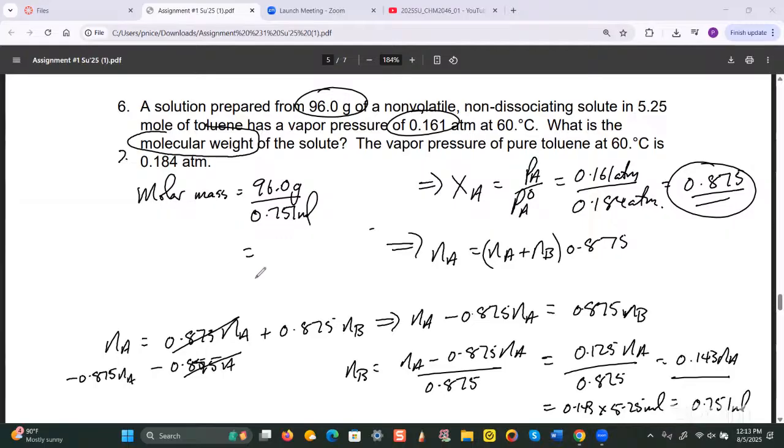According to my calculation, this would have to be rounded off to, hold on, let me make sure the sig figs are right here. Okay, so based on what I see here, this would be 128 grams per mole, right? Which means that the molecular weight is equal to 128 AMU, which is what the question is asking for. And that's how that is done. All right? Any questions about this? Any questions?